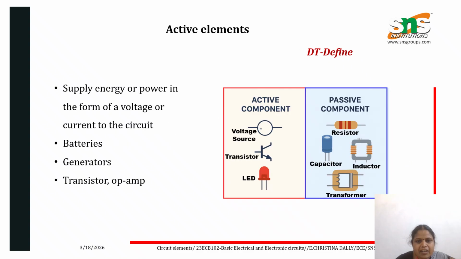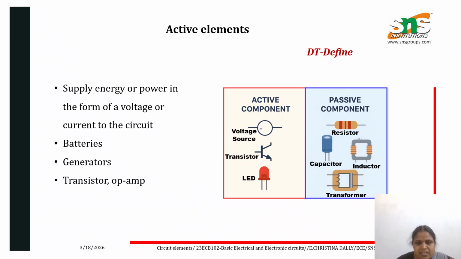What do you mean by active elements? In the previous slide, we have seen some of the components. Here, we have to differentiate what are the active elements and what are the passive elements. Suppose we are giving energy or power in the form of voltage or current to the circuit. For example, an active component may be a voltage source, transistor or LED.